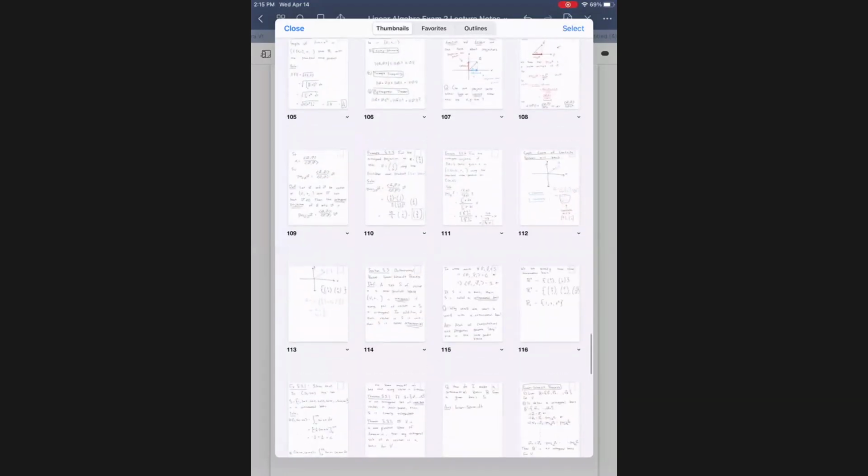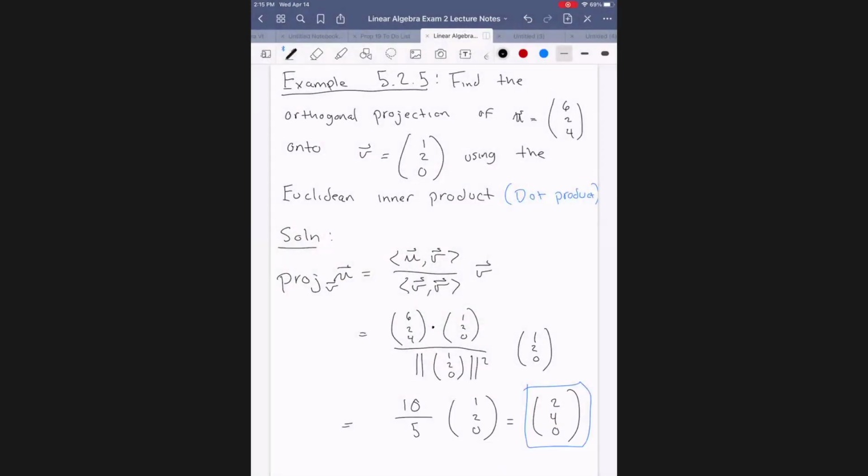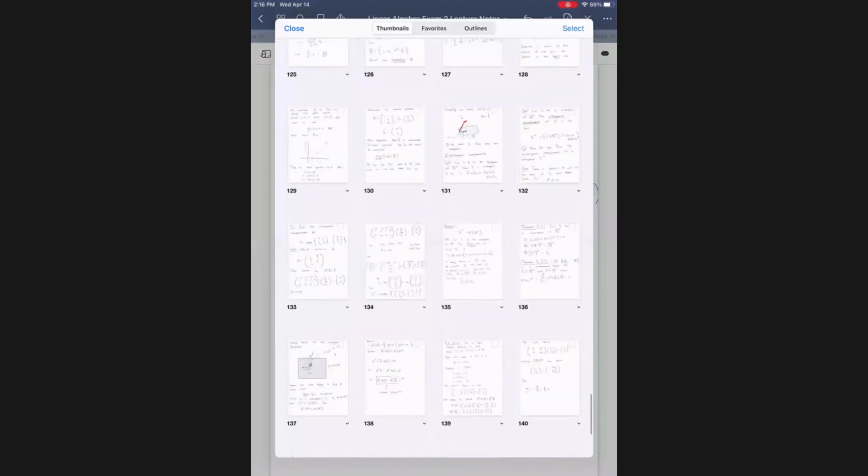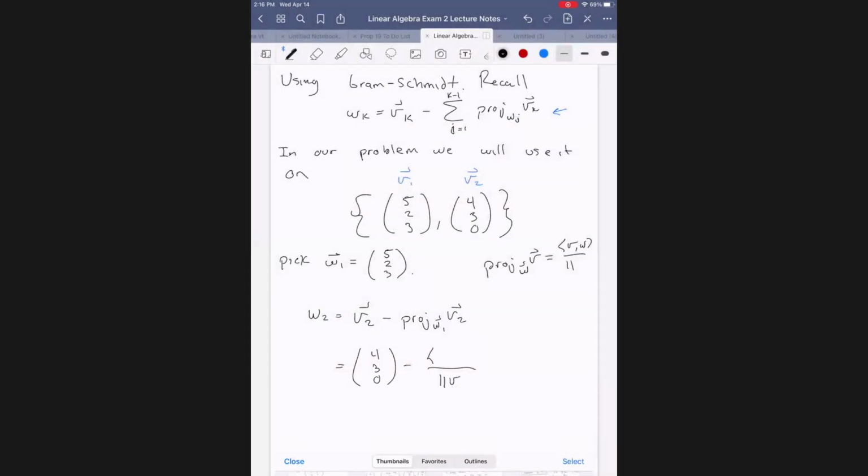So it's right here: the inner product of U, V over the magnitude of V, times V. So it's the inner product of V2, W1, over the magnitude of W1, times W1, right?